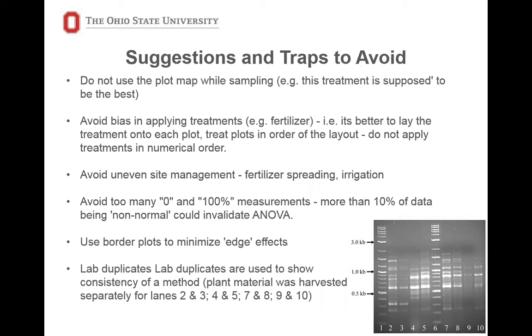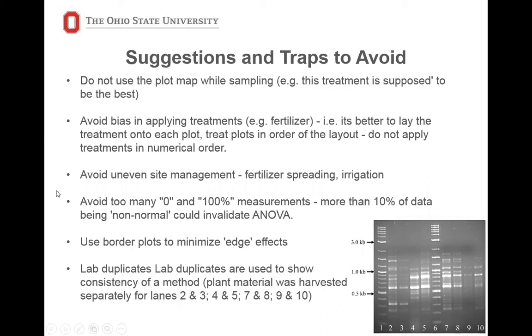Similarly with irrigation, if we put the irrigation spigot on one side of the study, it may not irrigate uniformly. And so we should use management options that apply those treatments uniformly across our study and avoid the possibility for uneven application of those management effects.